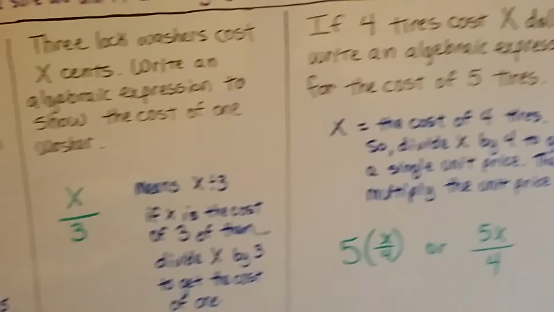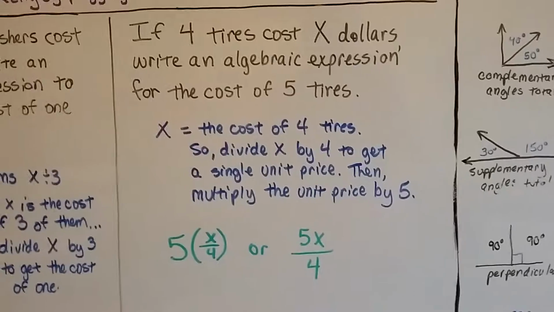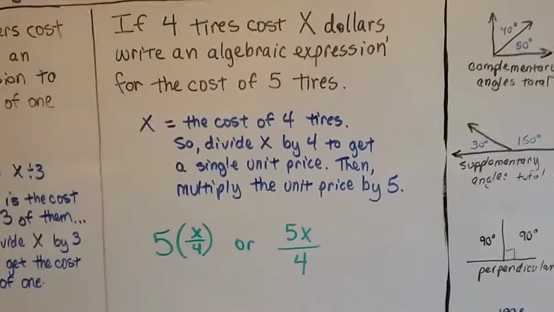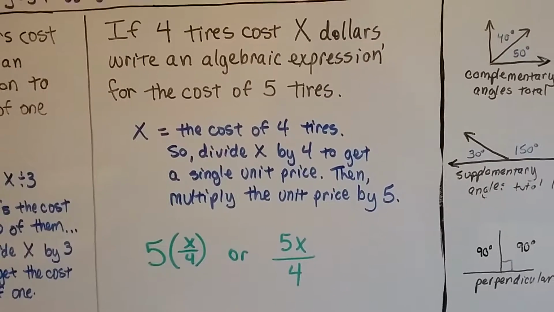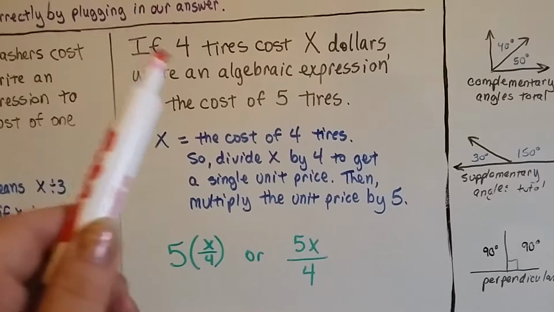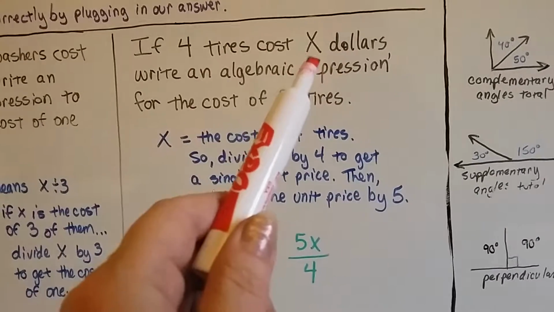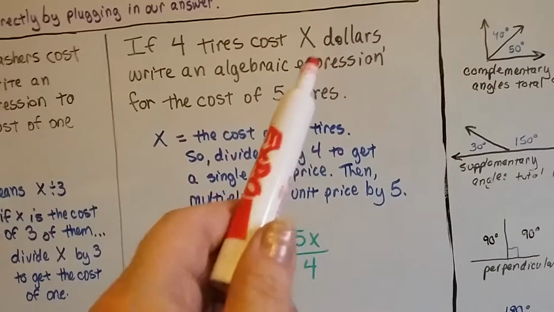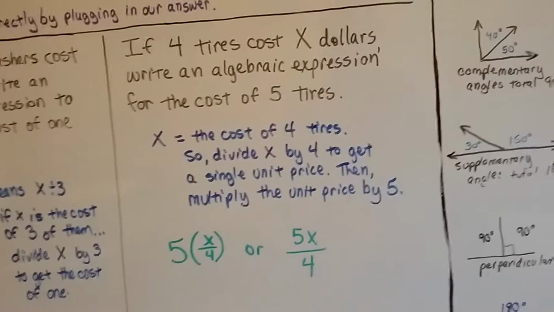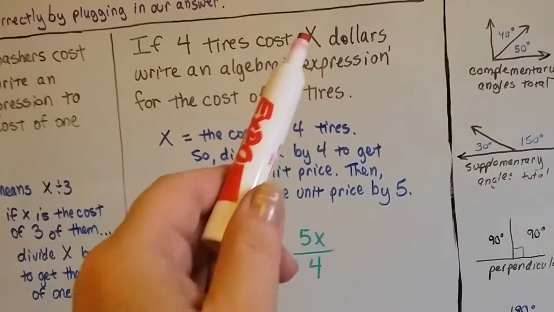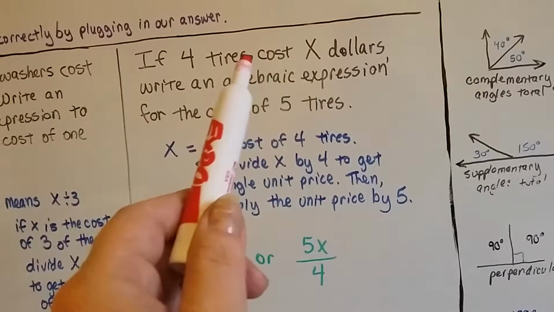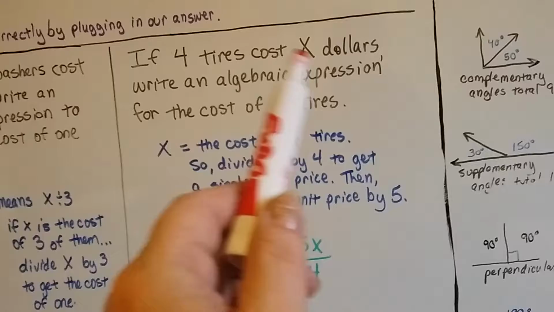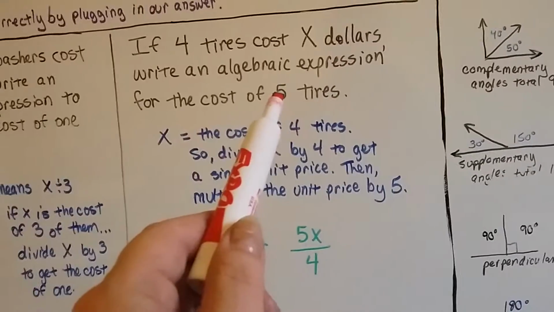See? All right. If 4 tires cost X dollars, write an algebraic expression for the cost of 5 tires. All right, so think about this. You could try plugging in a number like 100. If 4 tires cost $100, what would be the cost of 5 tires? Well, wouldn't you divide the 100 into 4 parts to see how much each part was, and then we could multiply it by 5?